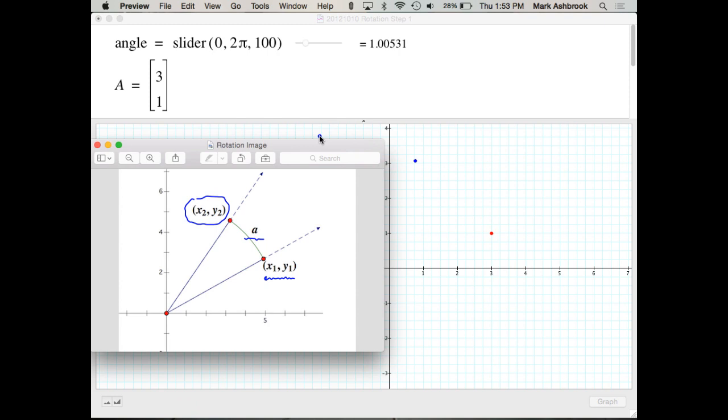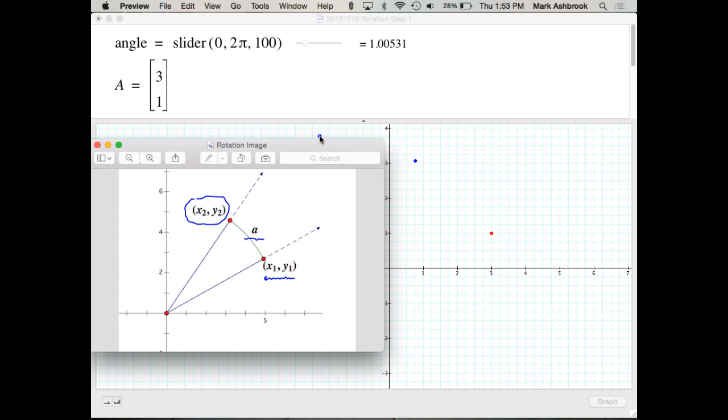What's that? Someone say something? Coordinates of x2 and y2. Yeah, I think wouldn't it be 3 cosine angle and then 1 sine angle? Okay, so we want to do it generically, right?